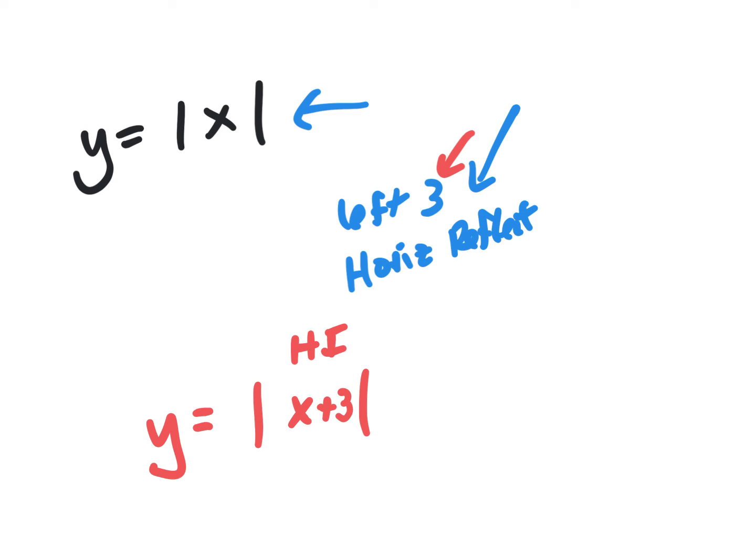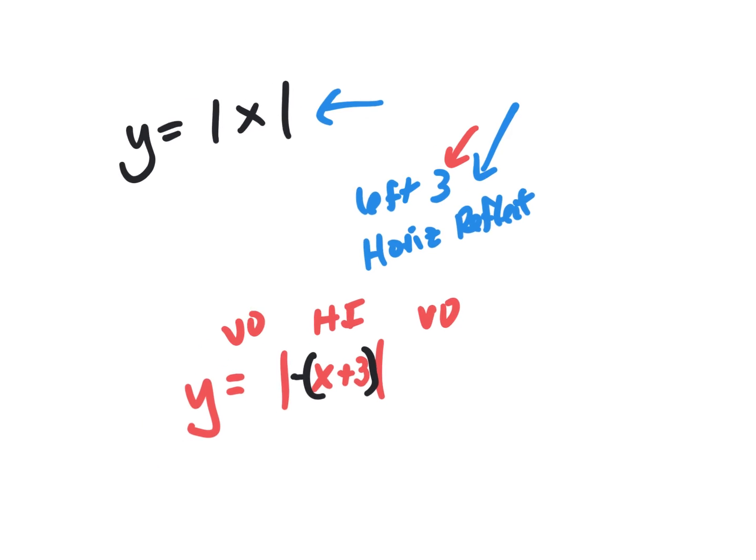Horizontal on the inside, vertical on the outside, and this is a horizontal, so the negative goes on the inside. Now this one is a particularly tricky one. We try to avoid doing double changes on the inside because it's better if you have parentheses. So you would want the parentheses there to do that one properly.